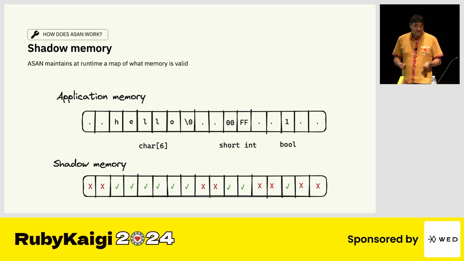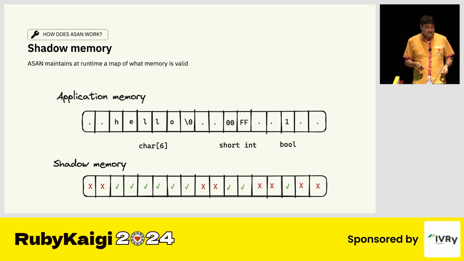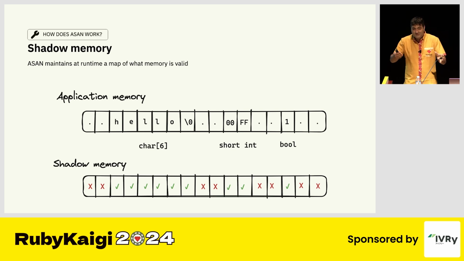The rules of C tell you that you can access the variables that have been allocated, but it's not valid to access the empty space between them. So ASAN basically maintains this shadow map of addresses that are valid and addresses that are not valid. It uses 1/8 as much memory to literally maintain a copy of whether any given piece of memory is valid or not in this other region of memory.